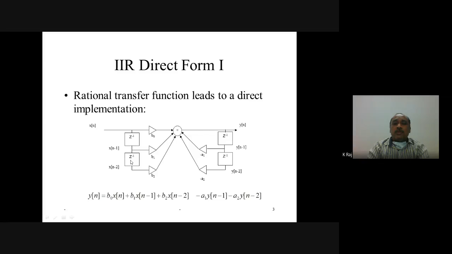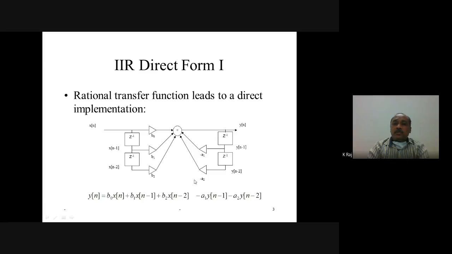If it is delayed by one more delay, the total delay for x(n) becomes 2, it becomes x(n minus 2), and it is multiplied by b2. After multiplication, we add these partial products with the help of adders. This section describes the first term, that is b0 x(n) plus b1 x(n minus 1) plus b2 x(n minus 2).